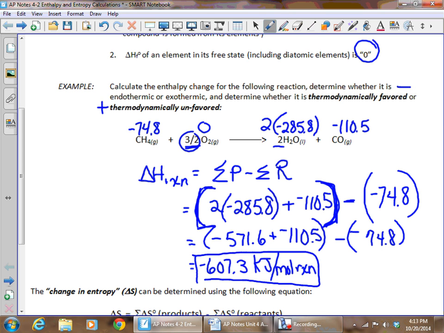Now notice the sign is negative. Since the sign is negative, that means it's going to be exothermic. That's just by definition. As soon as it got that negative sign, it became an exothermic reaction. And since it is an exothermic reaction, it is thermodynamically favored.